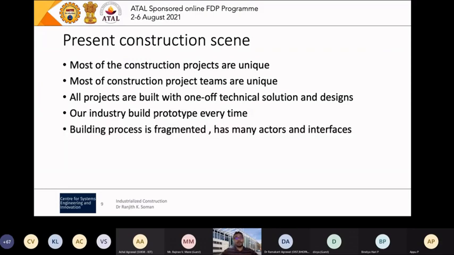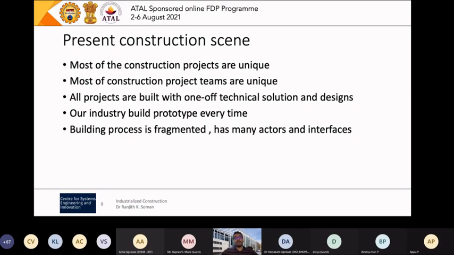The second thing is that building processes are fragmented. We have many stakeholders and interfaces in the construction sector. In a simple project, we might have an architect, a contractor, maybe another contractor for electrical and plumbing, and then the client.